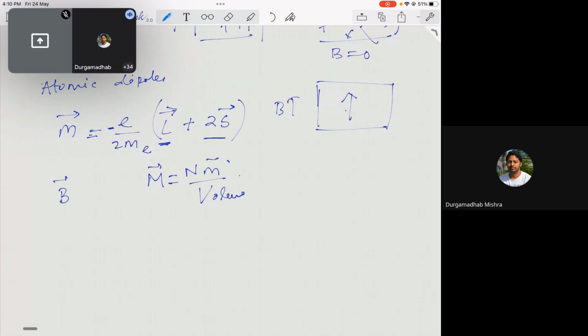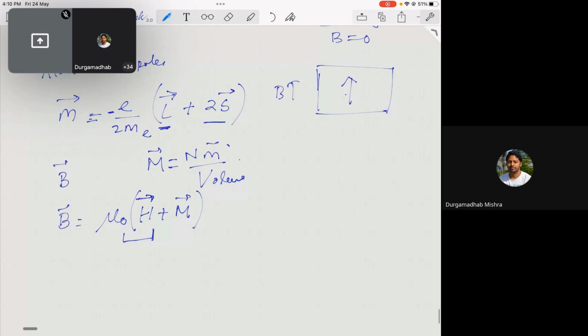How are they related? We are talking mostly of linear materials. So B is related to this quantity H, which is known as magnetic induction.